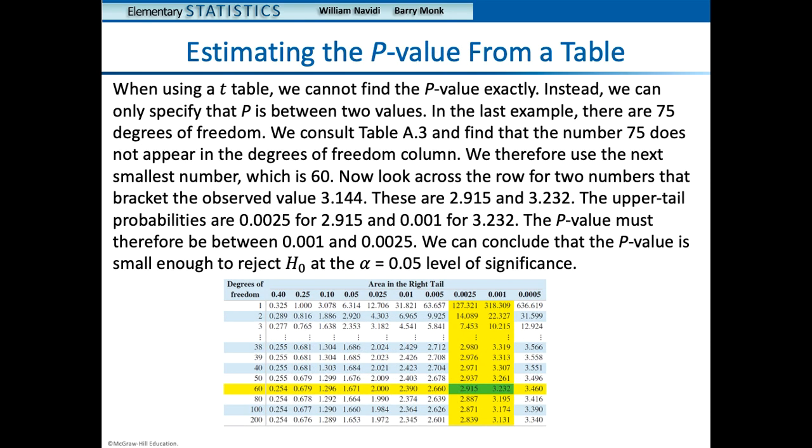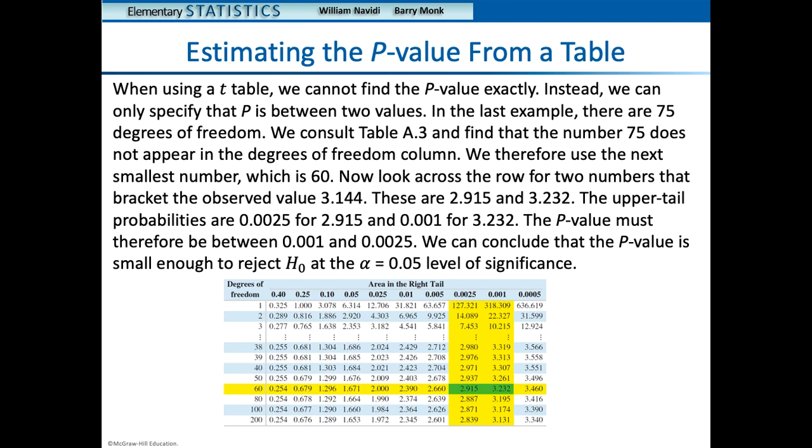So let's go over the table and look at what the table can tell us about p-values. Now, when using a table, most of the time we will not be able to find the p-value exactly. Instead, we can only specify that the p-value falls in between two other values, which we can obtain from the table.